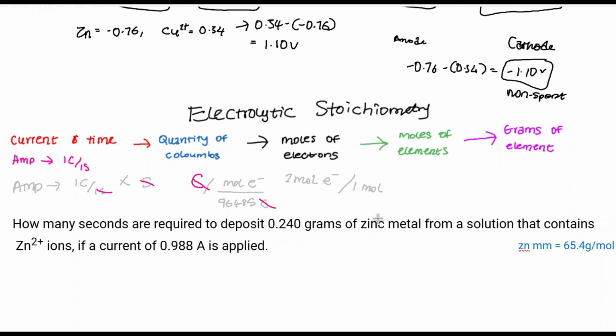So let's say the element, like here, is zinc, so you go 1 mole of zinc. And how many electrons does that mole of zinc have? In this scenario, it has 2, but it can usually have 2, 1, 3, etc. So you divide by 2 moles of electrons, and the moles of electrons cancel out with each other.